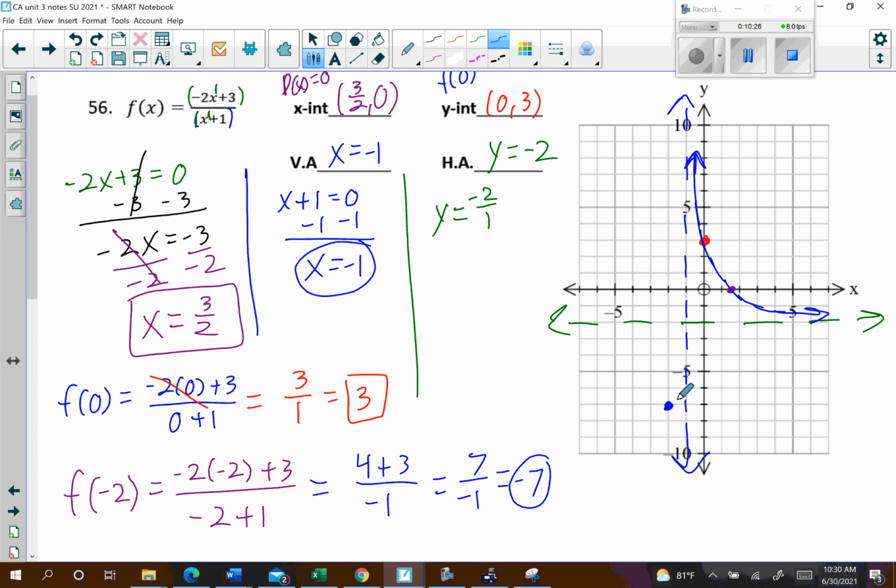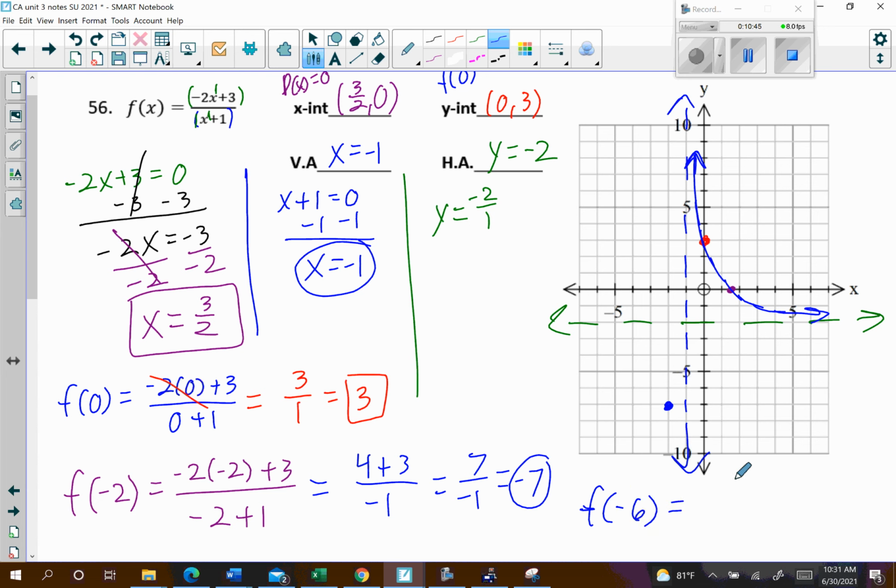Okay, let's try one more. Let's try f of, let's get a little more creative, negative 6.